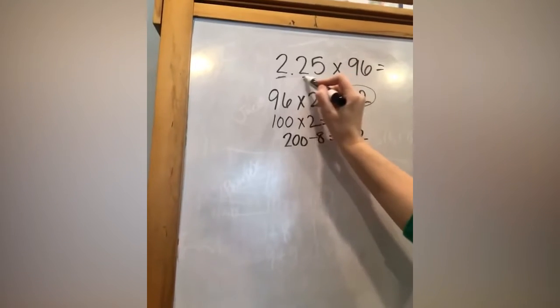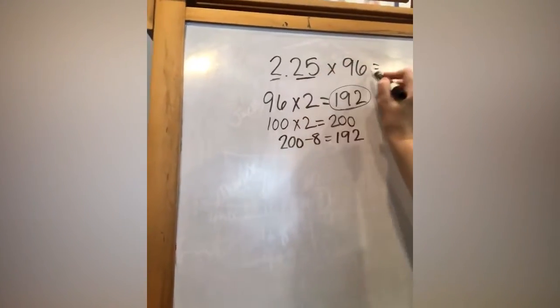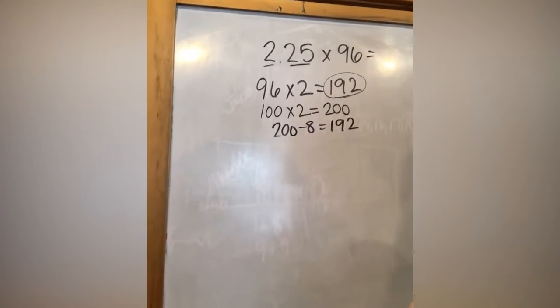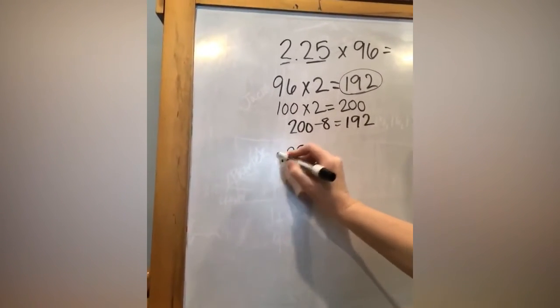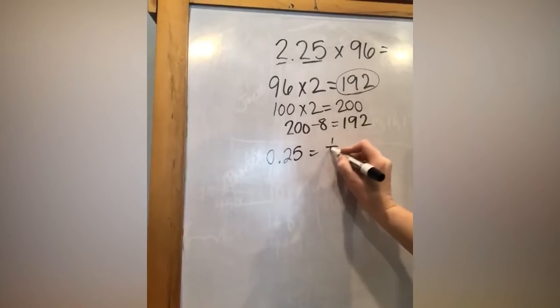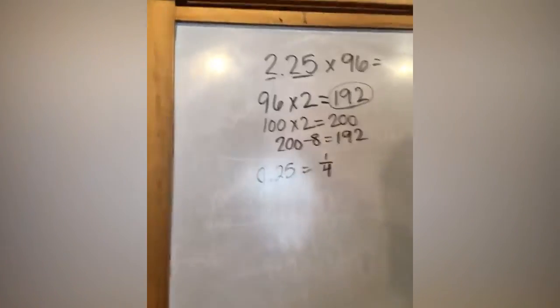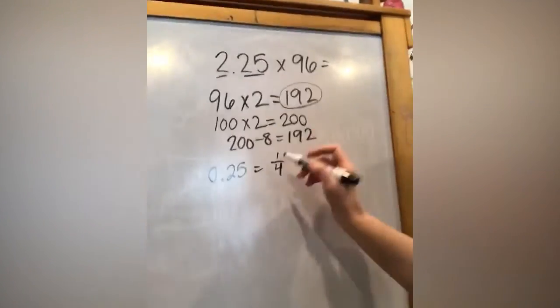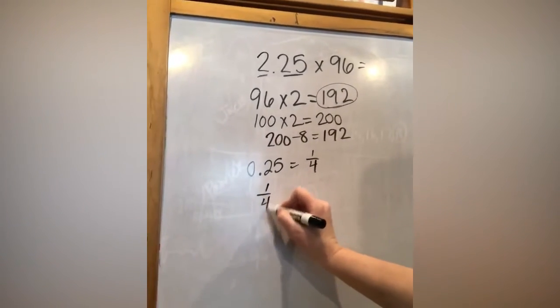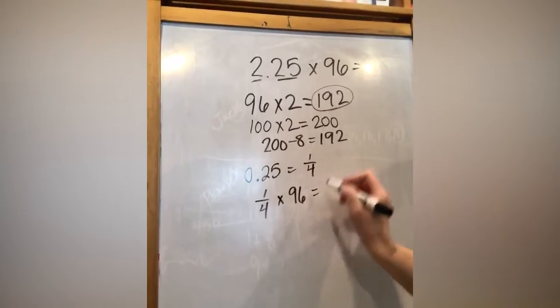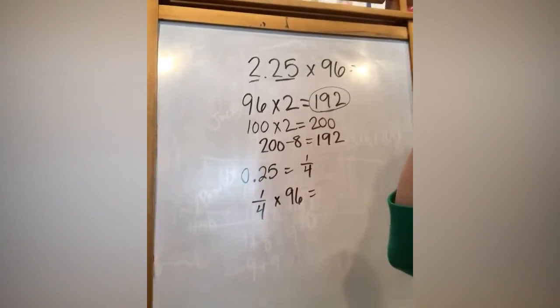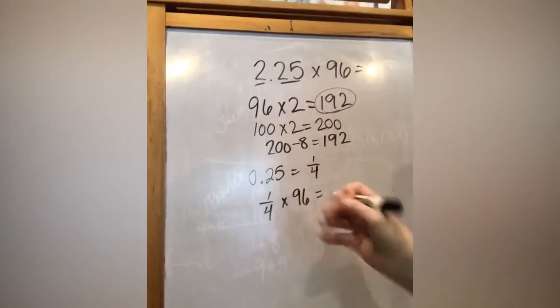Now I've got to try and figure out how I can use this decimal to multiply by my whole number of 96. So I know that 25/100 is equal to 1/4. So I'm going to think about this in terms of fractions. So if I were to take 1/4 of 96, I'm going to figure out what the rest of this problem would be equal to.